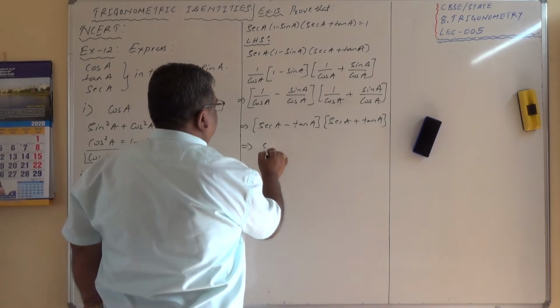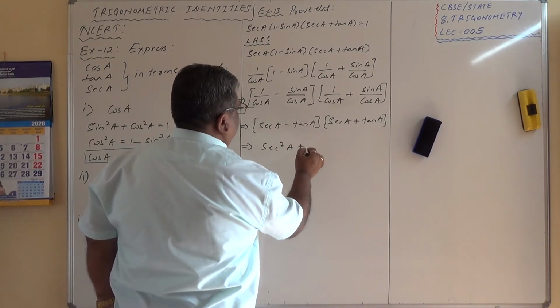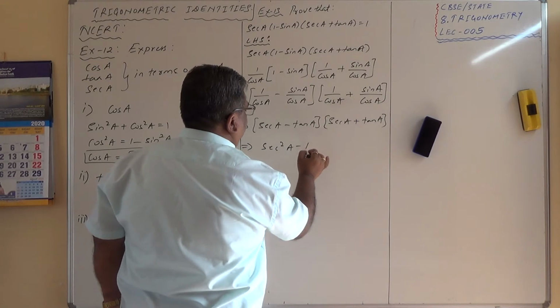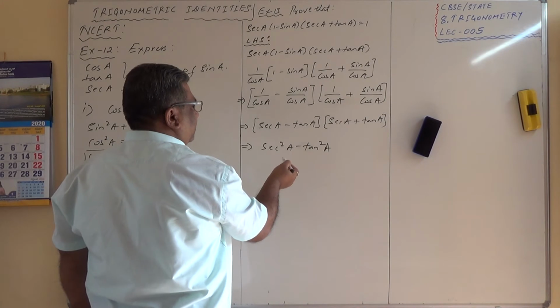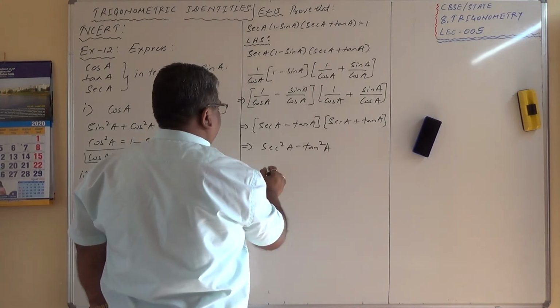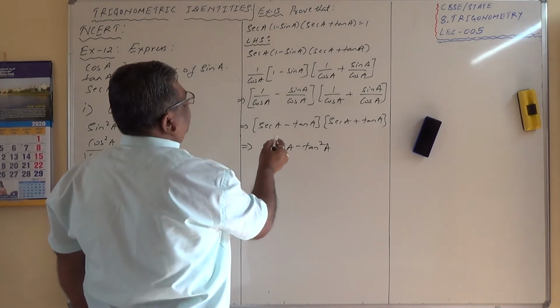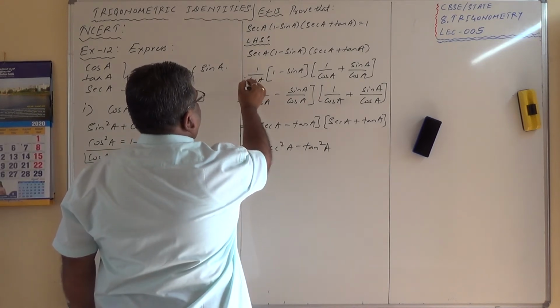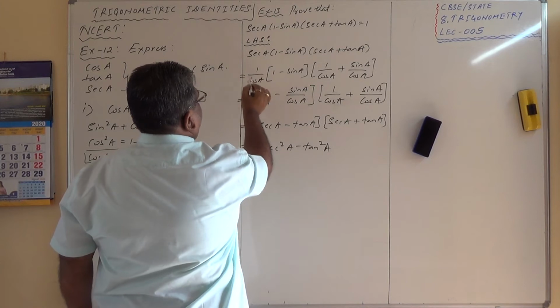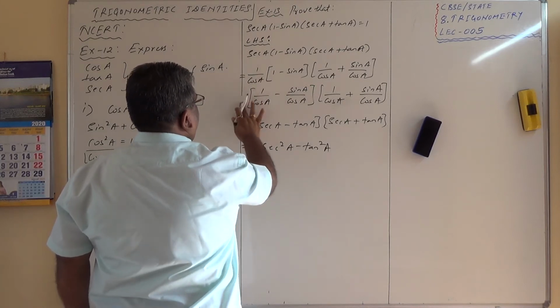This equals sec square A minus tan square A, isn't it? Sec square A minus tan square A, and this is equal to, I think you can put everywhere equality sign also. This is rather than implies, equality sign is much preferred here.